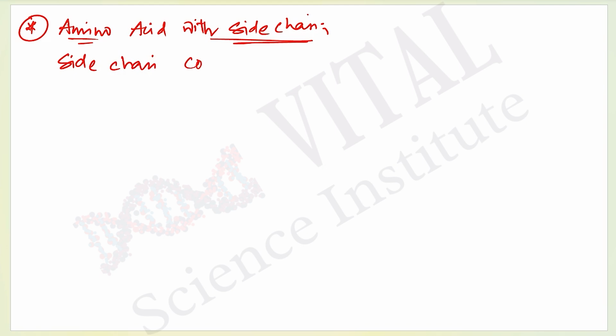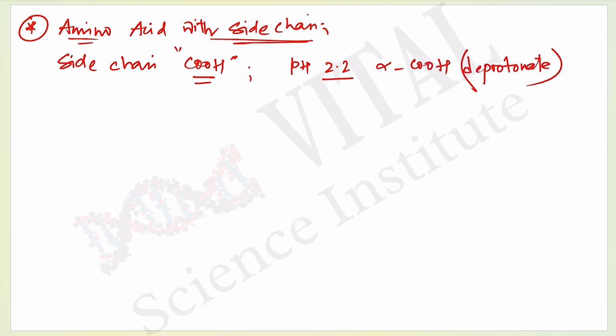Now, the interesting fact is that this is without any side chain. What happens with an amino acid with a side chain? The mechanism is quite different. If the side chain is, suppose, a carboxyl group, then what is the mechanism? At pH around 2.2, alpha carboxyl starts to deprotonate.